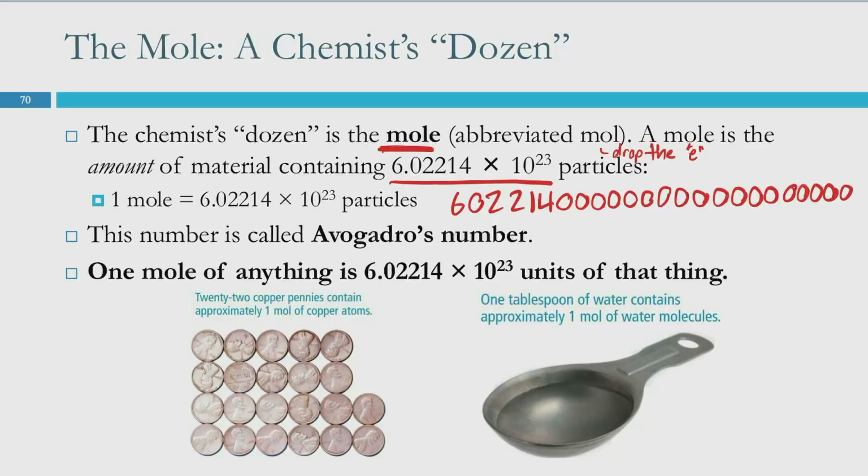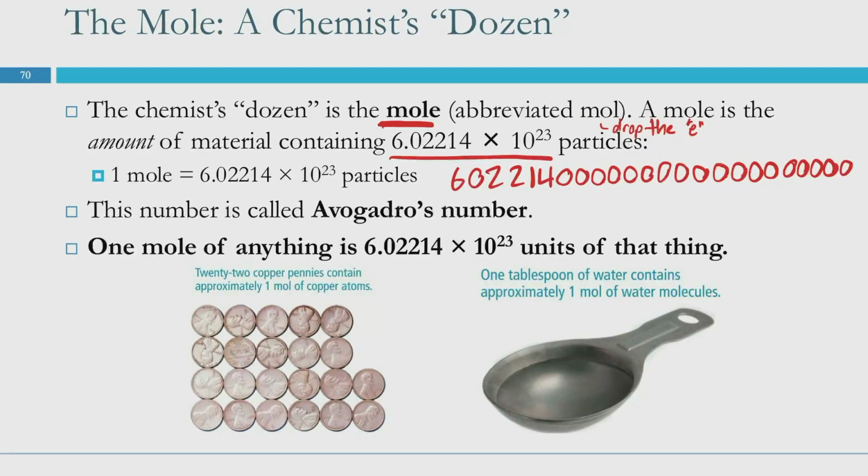So the scientific notation saves us from putting in all these zeros. Probably our calculators won't even let us put those zeros in anyway, and it'd be very easy to get confused. This number is called Avogadro's number, named after Amedeo Avogadro, who came up with the number. We'll typically use a slightly shorter form, 6.022 times 10 to the 23rd.